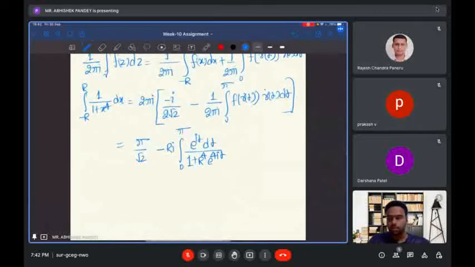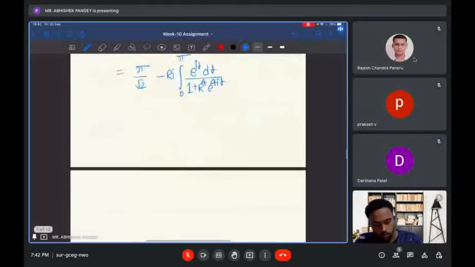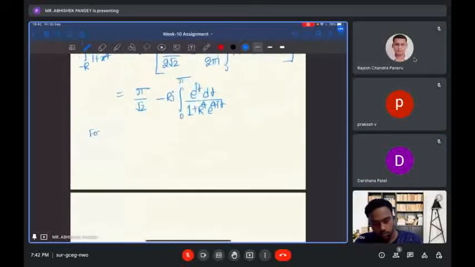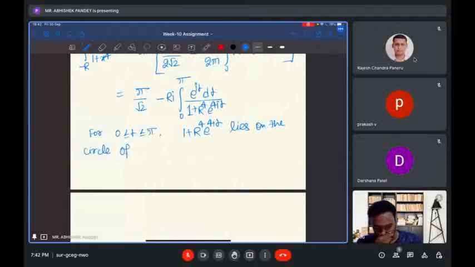Hello, is this thing clear? Okay. Now for t in between 0 to pi, 1 plus r to the power 4 e to the power 4 iota t lies on the circle of radius r to the power 4 and centered at 1.